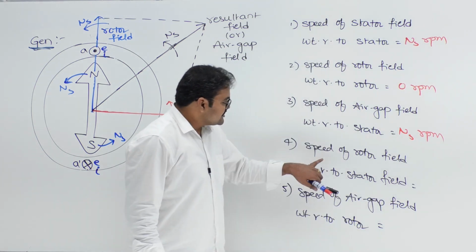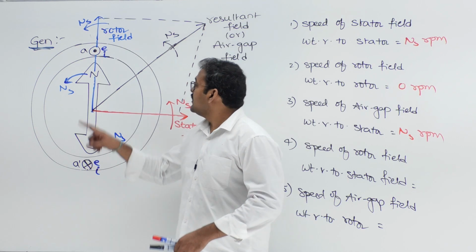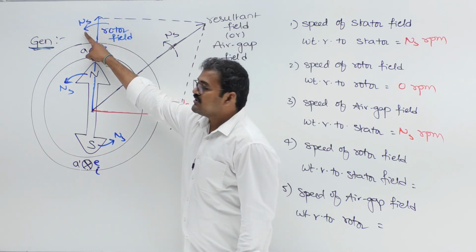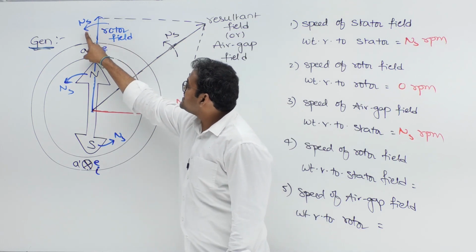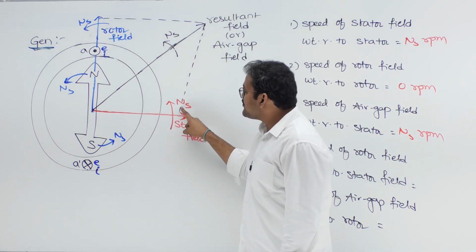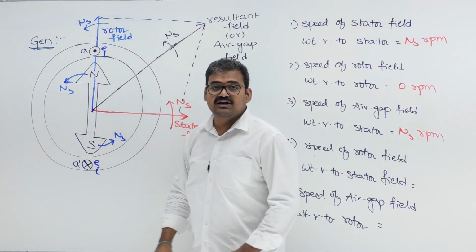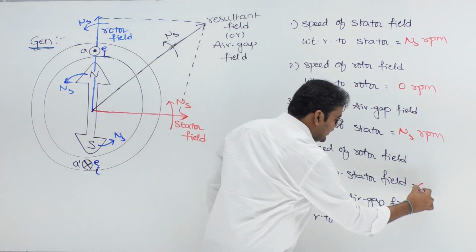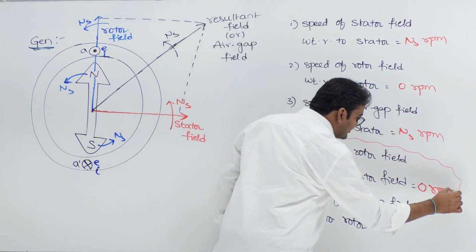Next one, the speed of the rotor field with respect to the stator field. The rotor field speed is ns, the stator field speed is also ns, in the same direction. Therefore, what is the relative speed? 0. Is it nothing but the condition to be satisfied for the production of electromagnetic torque?